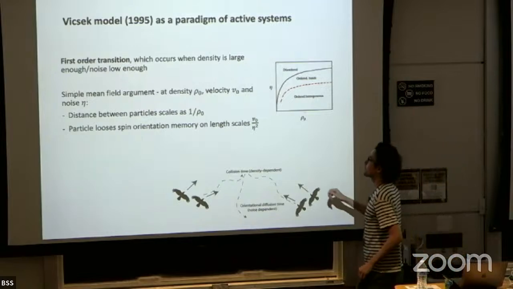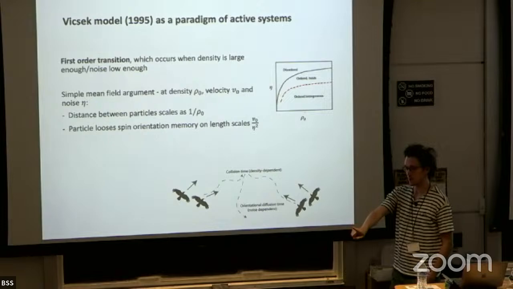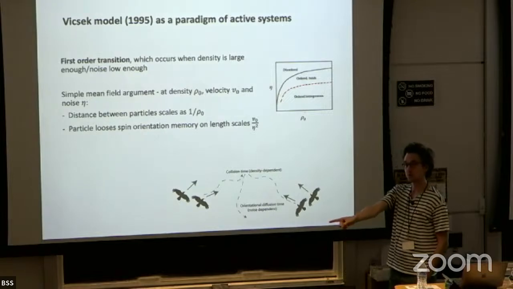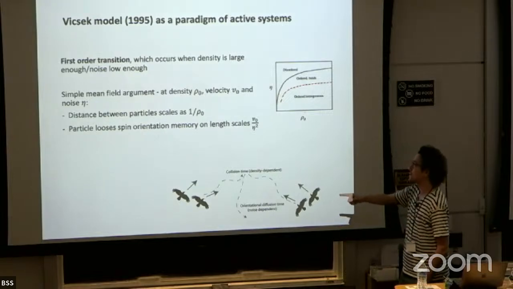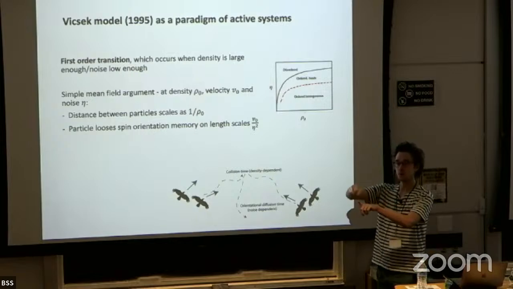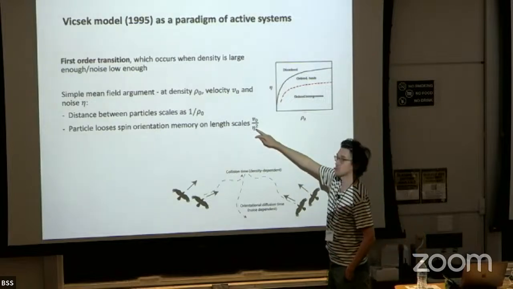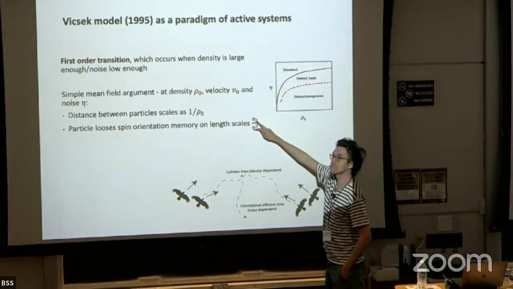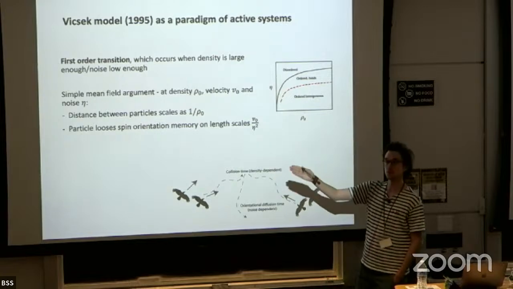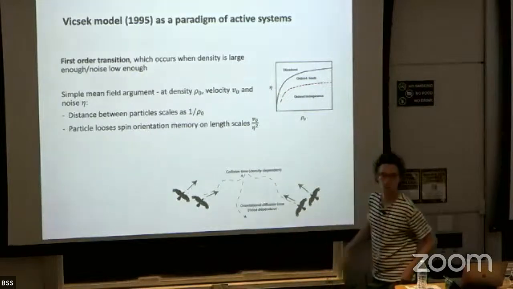And if you think about the time scale, your particles undergo rotational diffusion with noise eta, so the time it takes to lose your directionality is 1 over eta squared. If you convert this into a length scale, it's how much distance you will have covered by that time. So it's V0 over eta squared.